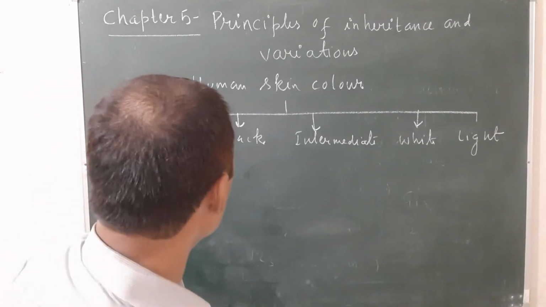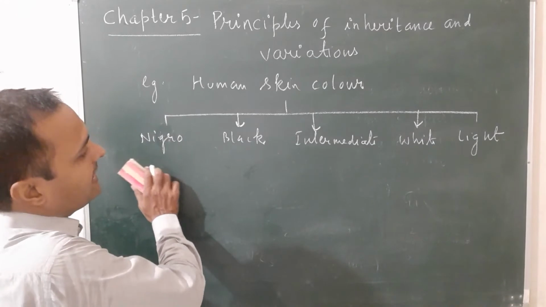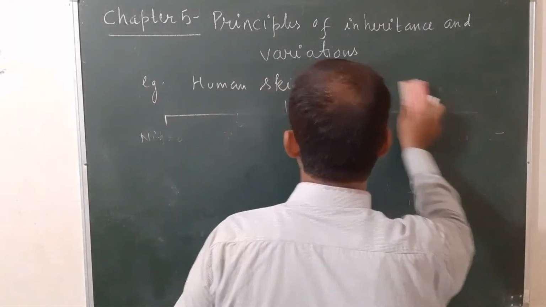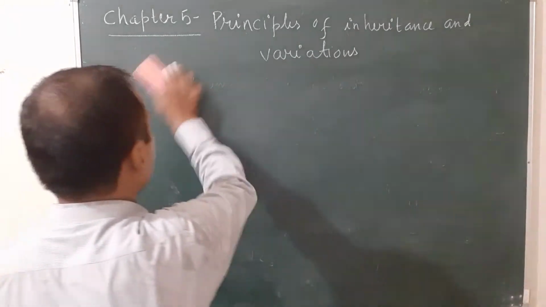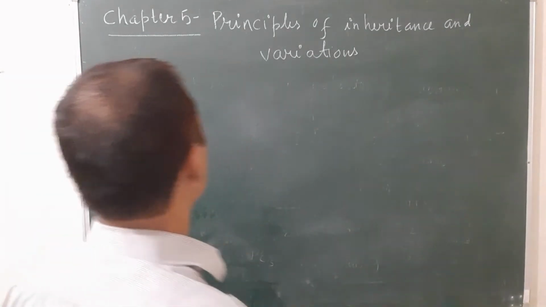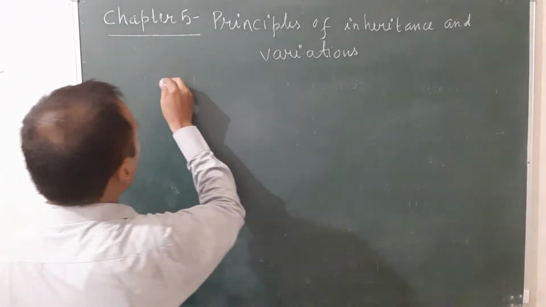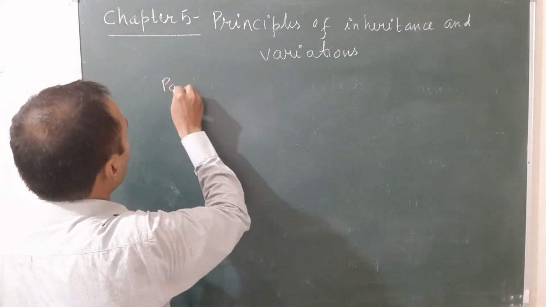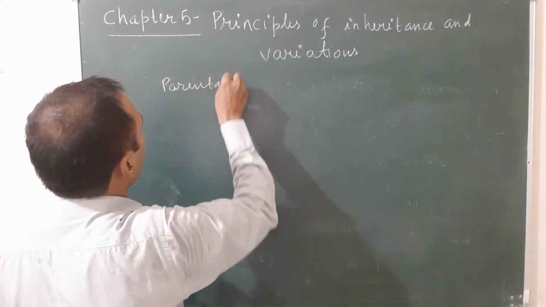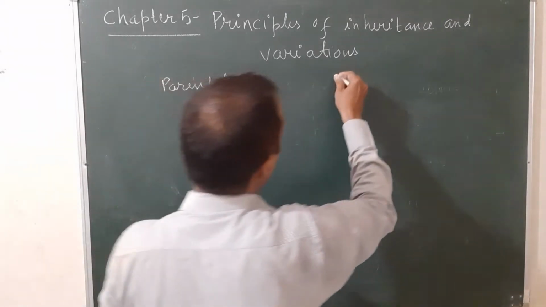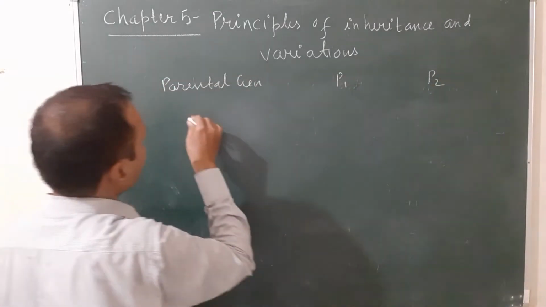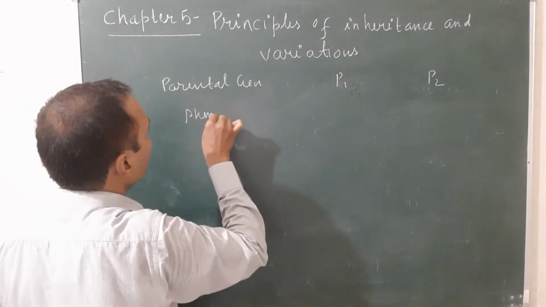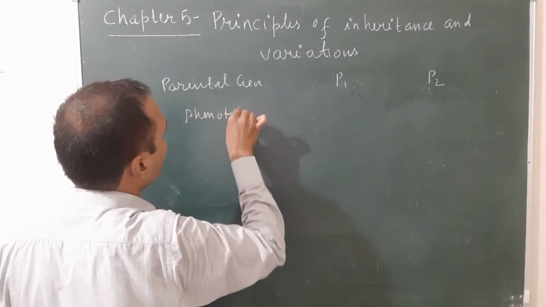Okay, so let us see the example that is given in your NCERT book. You can explain it by using Mendel's law of inheritance, using a dihybrid cross. Suppose you have the parental generation, so you can write P1 and P2. Then phenotype: you will take the first 2 out of 5.